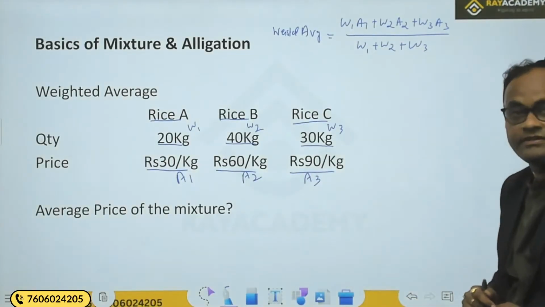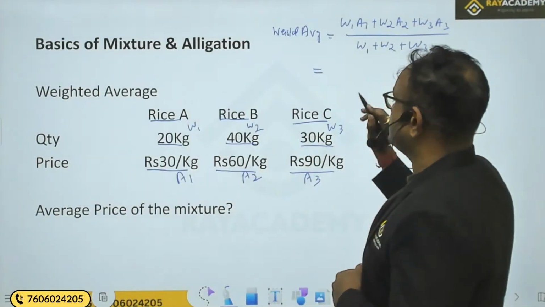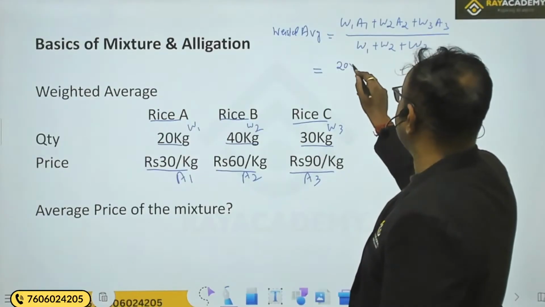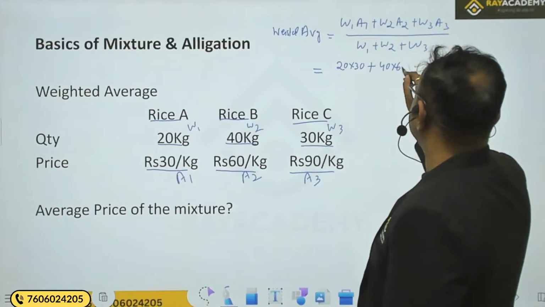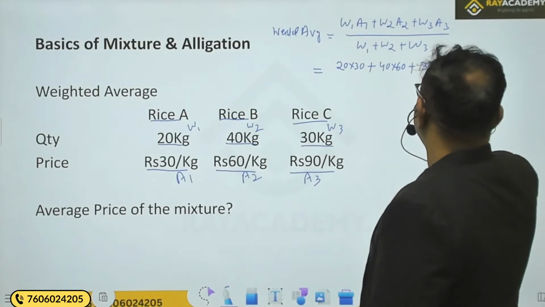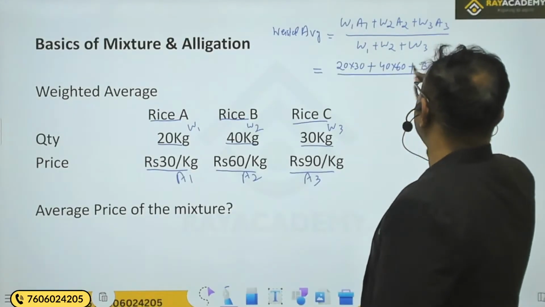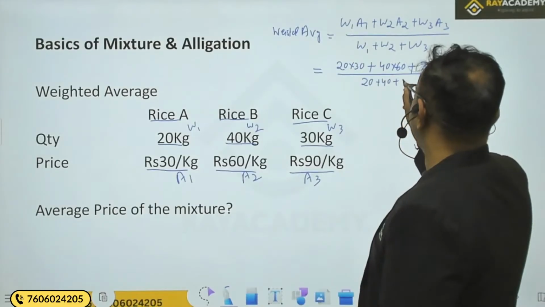Now let's put the values: 20 multiplied by 30 plus 40 multiplied by 60 plus 30 multiplied by 90, divided by the total weightages, 20 plus 40 plus 30.